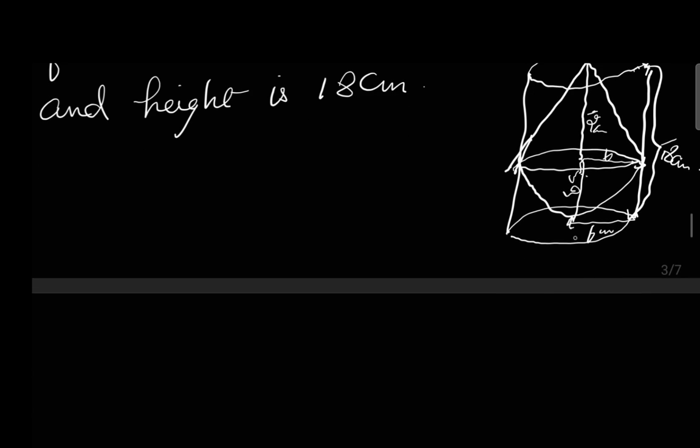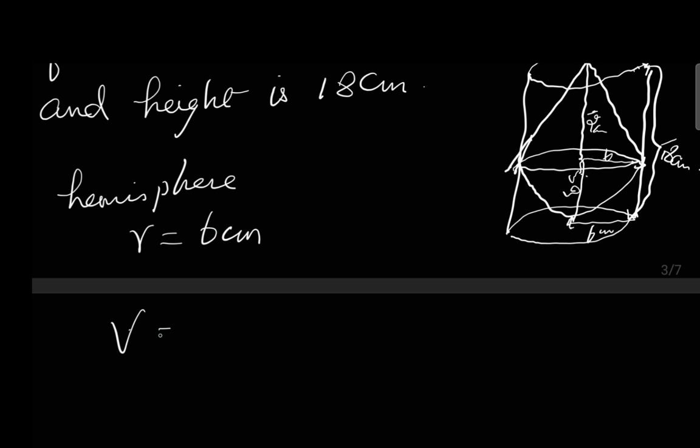You need not worry about how much water the cylinder contains. You worry about the volume of the hemisphere and the cone. First take the hemisphere. Radius is 6 centimeter. The volume of the hemisphere is 2 by 3 pi r cube cubic units.